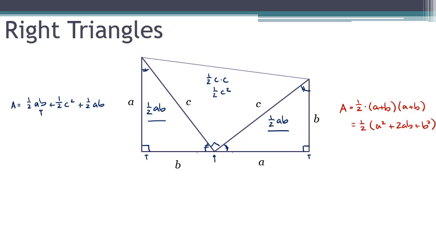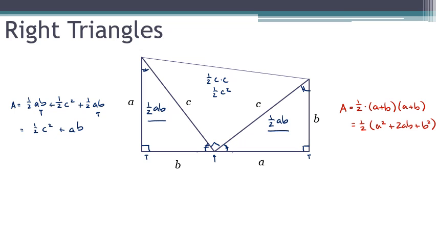These two here are like terms. If I combine those together, this becomes 1/2 C squared plus AB. So these are two different expressions for one thing, the area of this trapezoid. Since they both represent the same thing, they must be equal to each other.